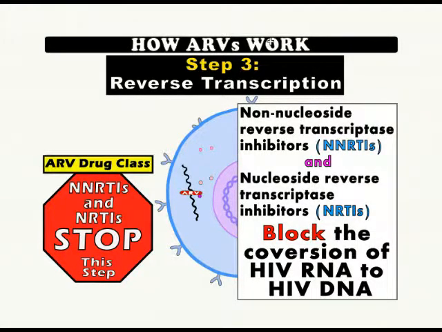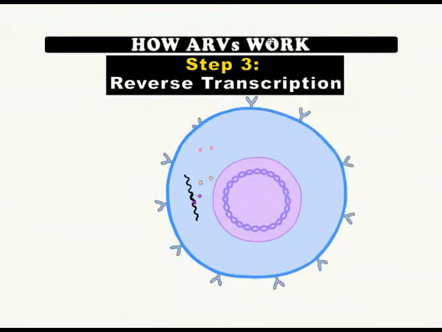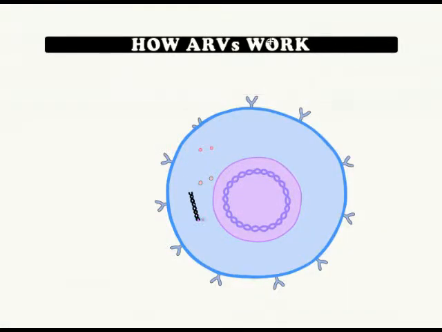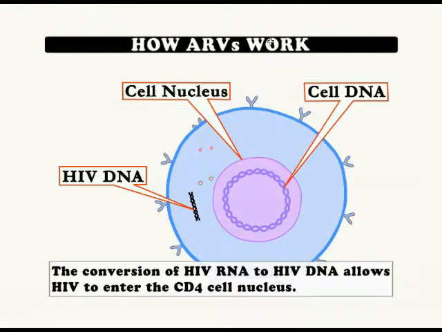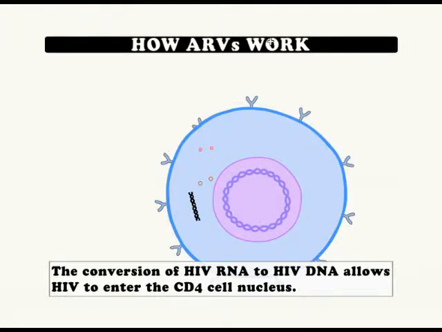If that drug class is not used, this step can be successful. When it is successful, the conversion of HIV RNA to HIV DNA allows HIV to enter the CD4 cell nucleus.